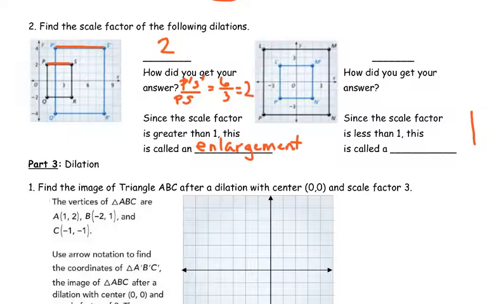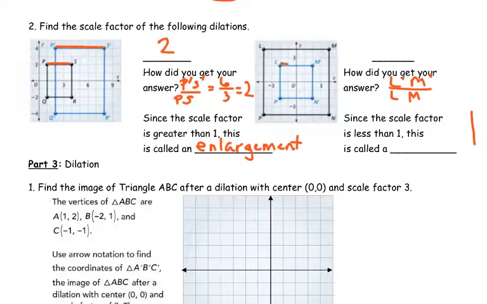Let's move over to this other example with L, M, and P. So with this one, I'm going to choose one of the sides. So I'm going to do L prime M prime divided by LM. So remember the image is the primes.